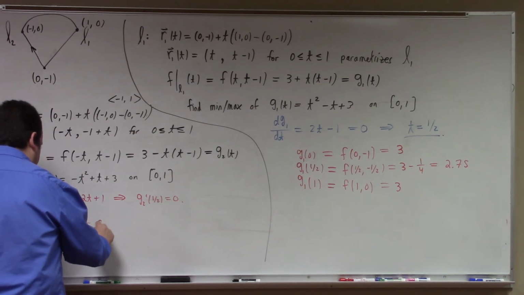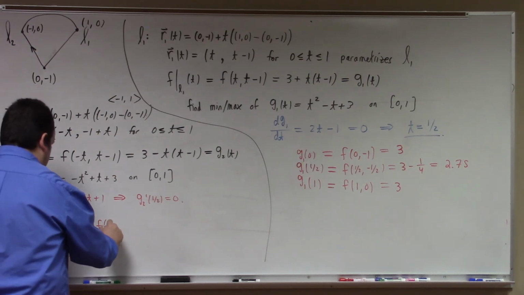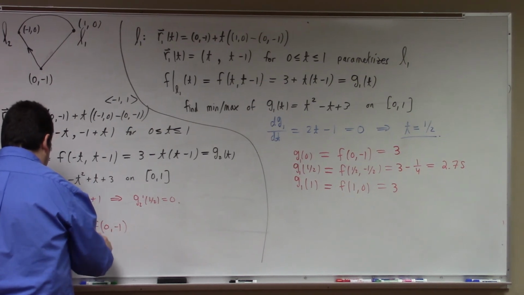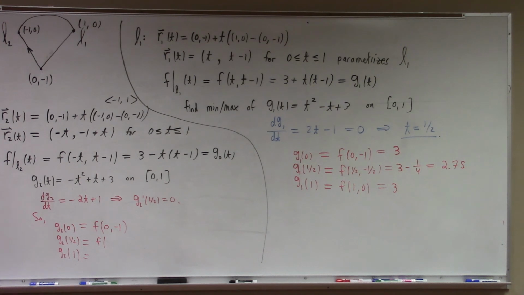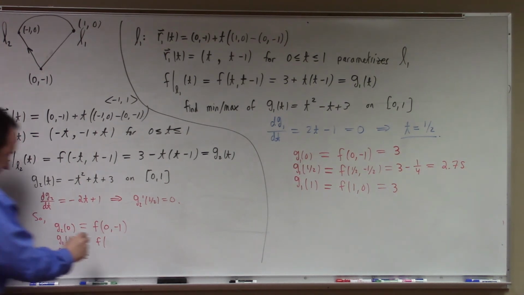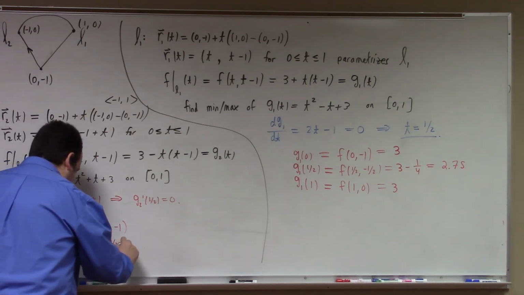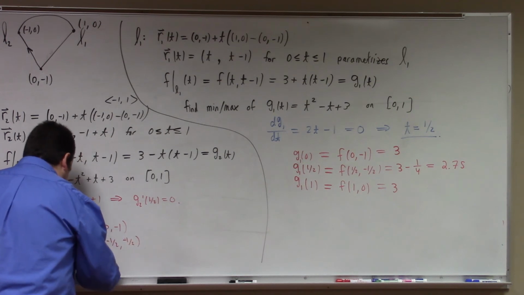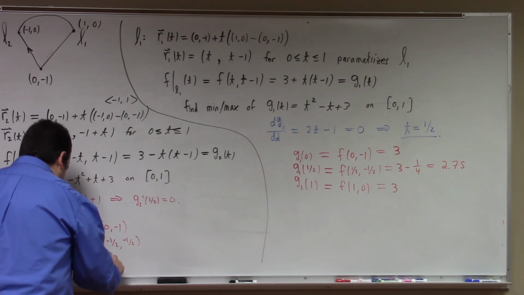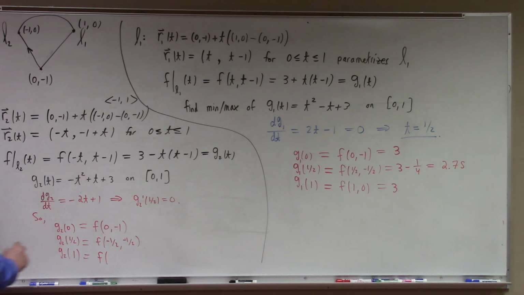G2 of 0 is f of 0, minus 1. We've actually already considered that in the last case. G2 of 1/2 is minus 1/2, fed to f. G2 of 1 is actually f of minus 1, 0.